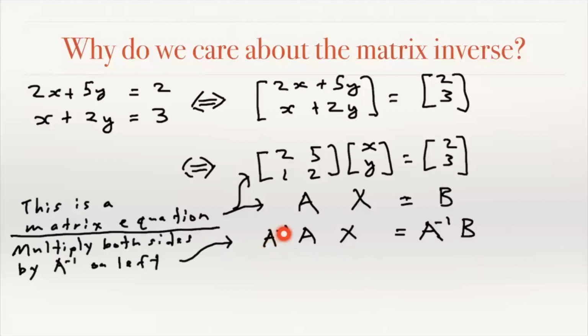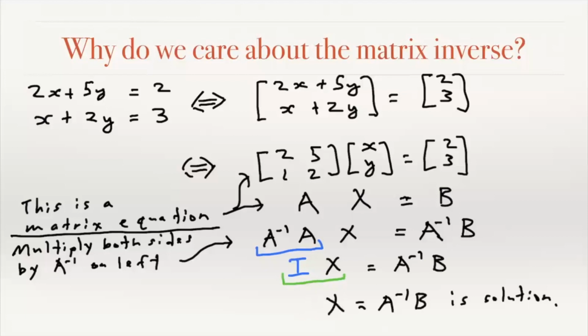But what is A inverse times A? Well, A inverse times A is I, the identity matrix. But what is the identity matrix times any other? Well, it acts like the number 1. It doesn't change it. So through a relatively straightforward computation of A inverse times B, we actually have the solution for what x and y are. Capital X, which is x, y, is this product.